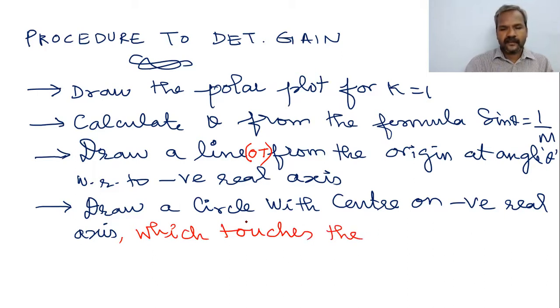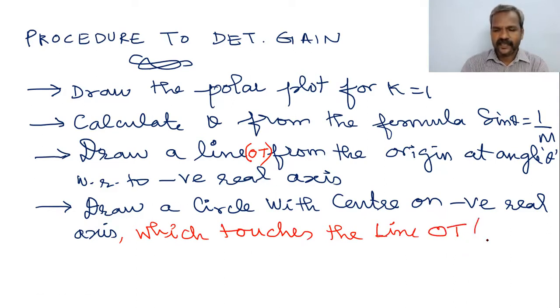Draw a circle with center on negative real axis which touches the line OT.